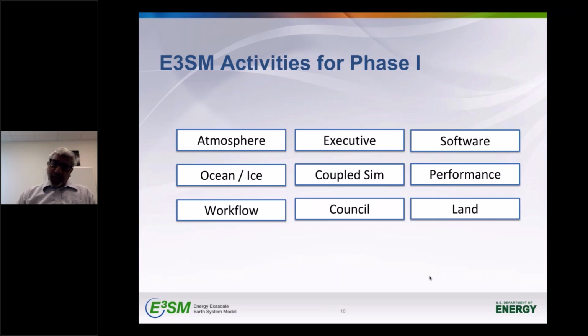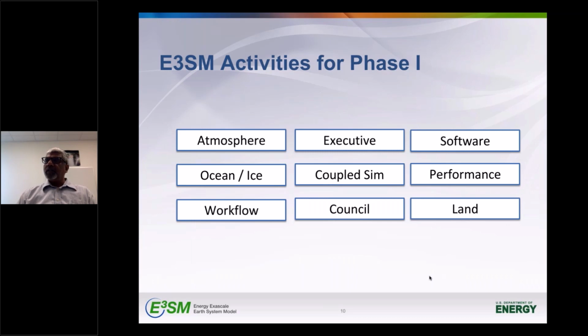Being able to take advantage of the leadership scale facilities, the computational performance of the system, is also a very essential and critical element. So there is a performance group who focus on how to optimize the model for the different heterogeneous hardware. The coupled simulation group basically deals with the experiment aspects, getting the model tuned and ready to perform the coupled model simulations. And it's managed by an executive committee and also a council of all these task leaders or team leaders, which make up the council.